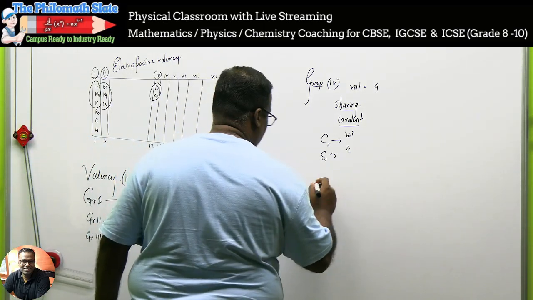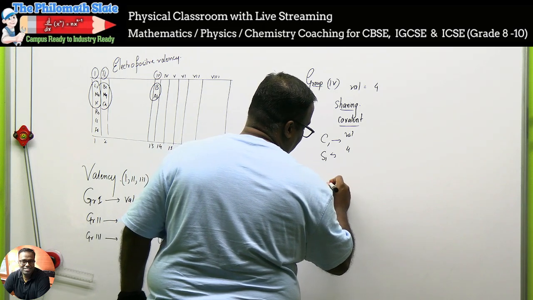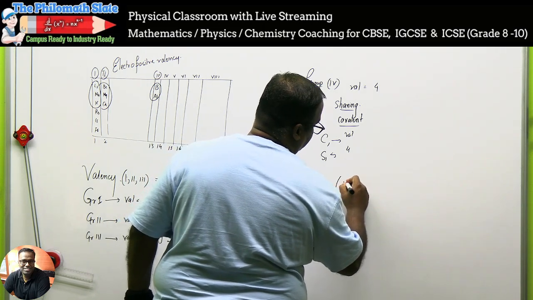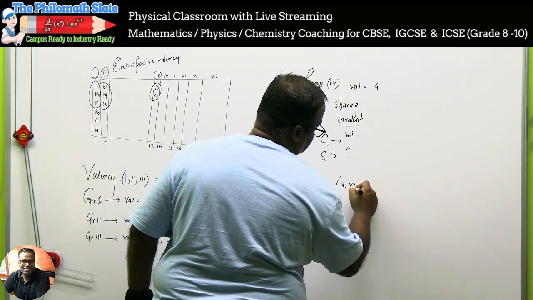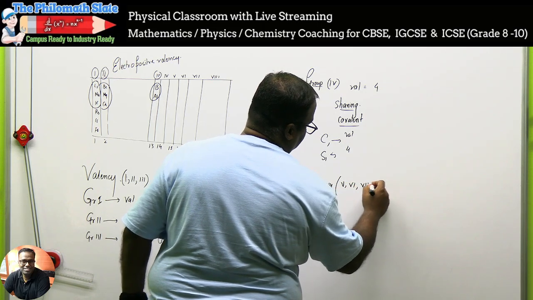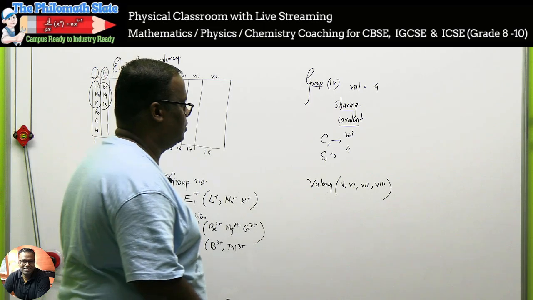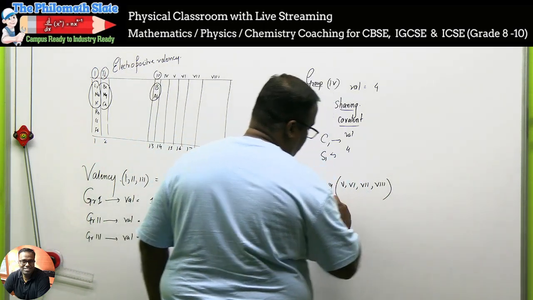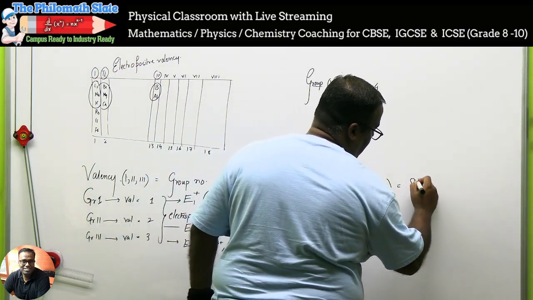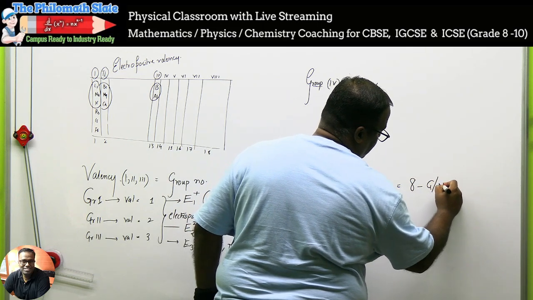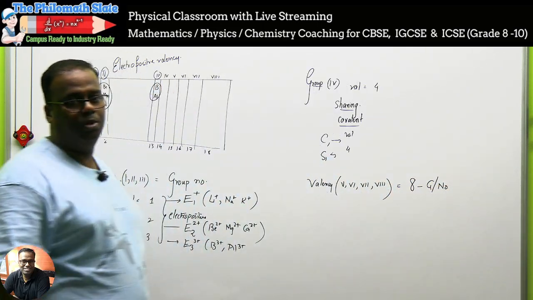We then go for valency for group 5, 6, 7 and group 8. Here, the formula of valency is 8 minus group number. 8 minus group number.